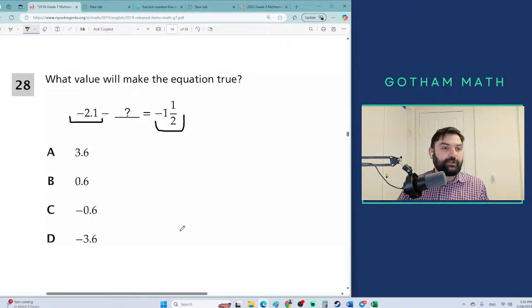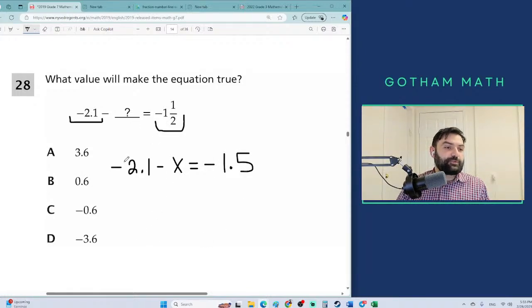Decimal, right? So since you have a decimal answer, we're going to make negative 1.5 into a decimal. So it's going to be negative 2.1 minus something. Let's say it's x, equals negative 1.5.